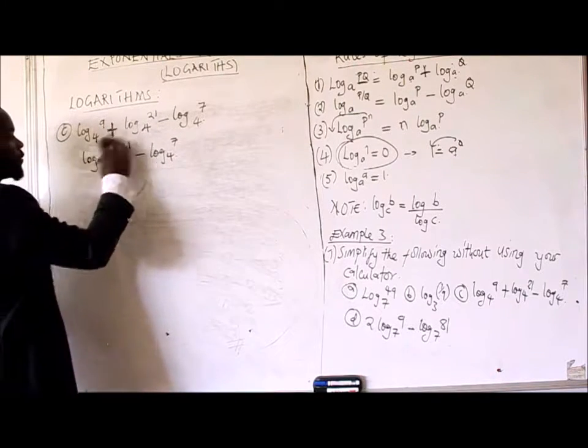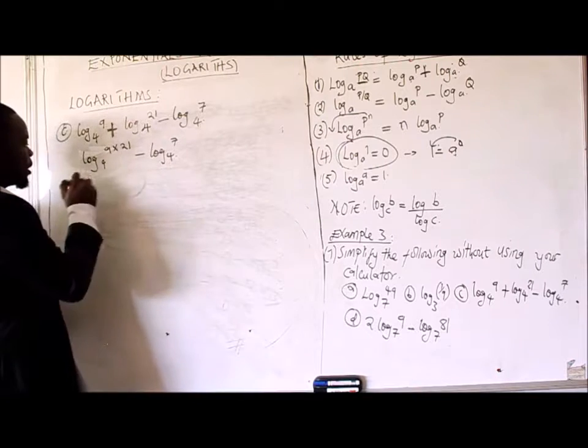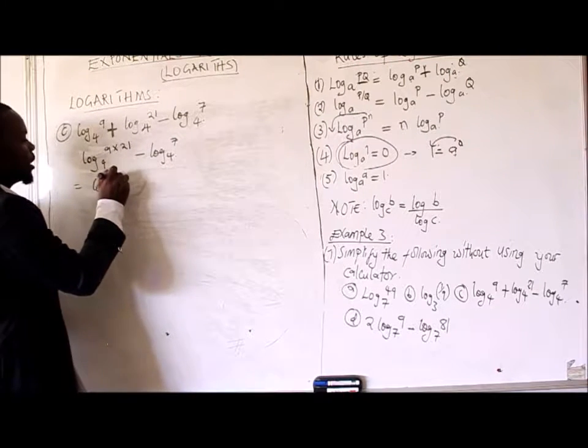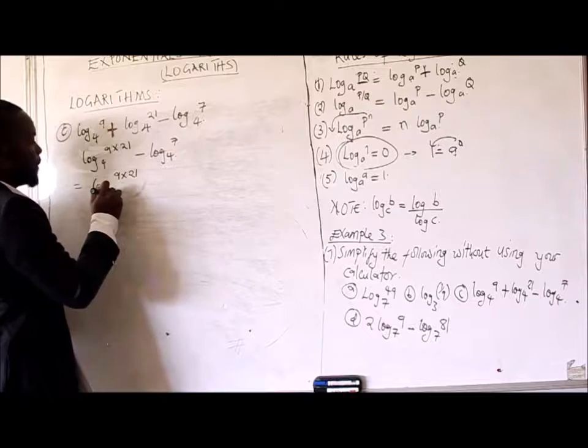Alright, so this one for me, I'll simplify it later. So we have got log of 9 times 21 base 4.